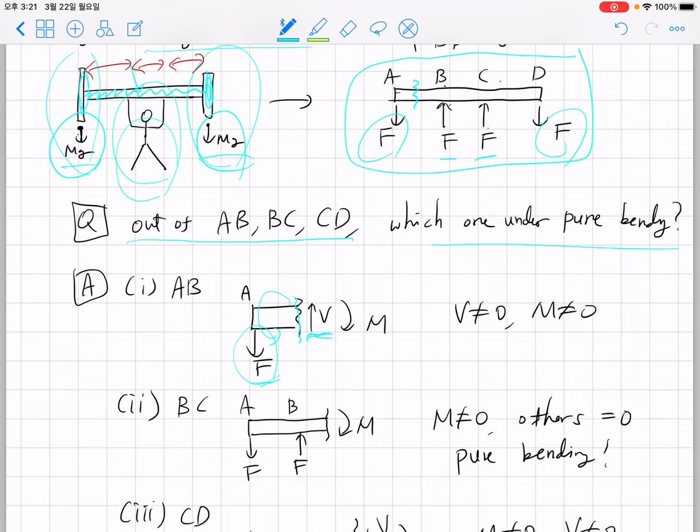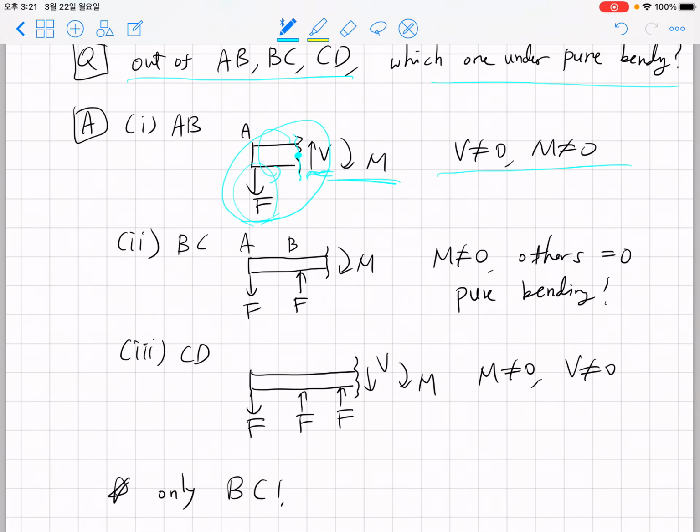So to balance this torque, using the torque about the centroid point, you need moment M, so that the counterclockwise torque due to F and V and the clockwise torque due to M cancel out each other. So you can see that at the AB section, V is non-zero and M is non-zero, so you cannot say that this is the pure bending case.